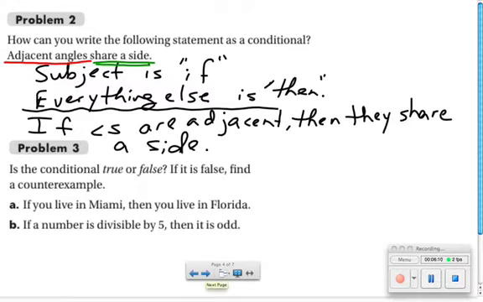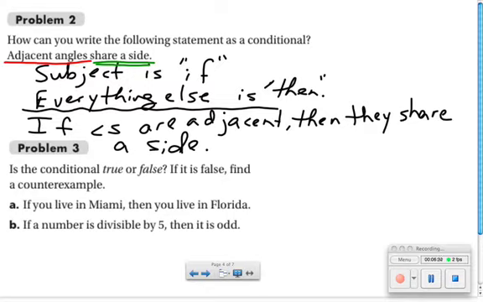But I can't stress to you enough the importance of reverting to that language arts skill of identifying what the subject of the sentence is and what everything else is, so that you know what your hypothesis is, you know what your conclusion is, and then you just make sure that it sounds like English. Okay?